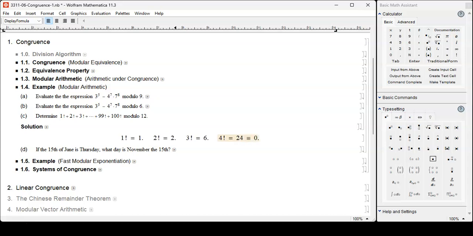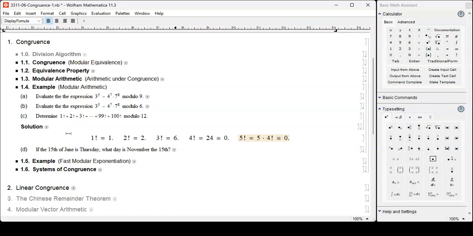And that's congruent to 0. All right. And then 5 factorial is 5 times 4 factorial. So 5, and then 4, 3, 2, 1. And that's 0. And so on and so forth.